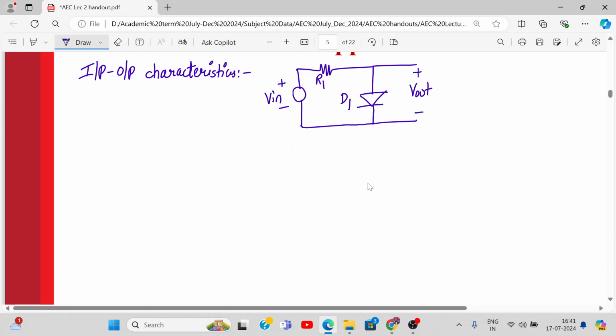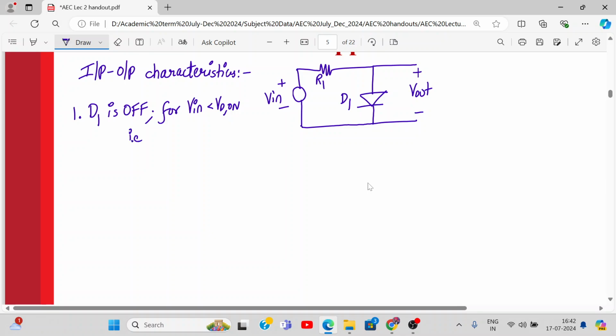Now you have to write only two conditions. You have to write when the diode D1 is off. Can you tell me when the diode D1 is off? D1 is off for V in less than VD on. Yes or no?